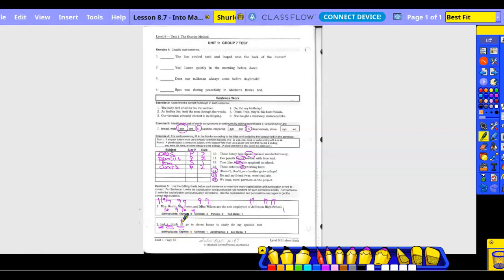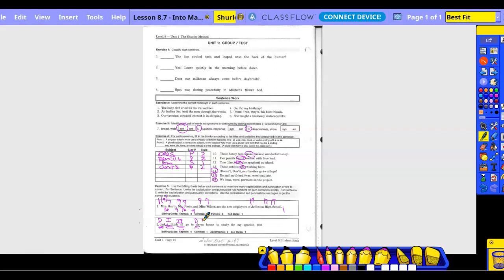Go to Dave's. Dave's needs to be capitalized. So we could also do this, guys, and just put a D up here, an I up here, an I up here to show capitalization, a D up here to show capitalization, and then we set an apostrophe with Dave's, right?